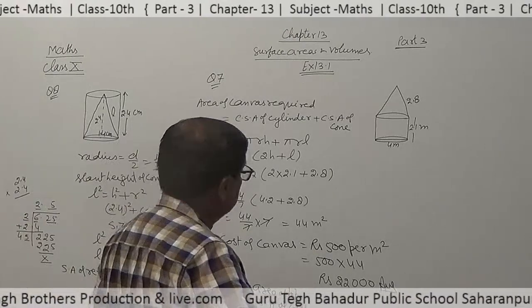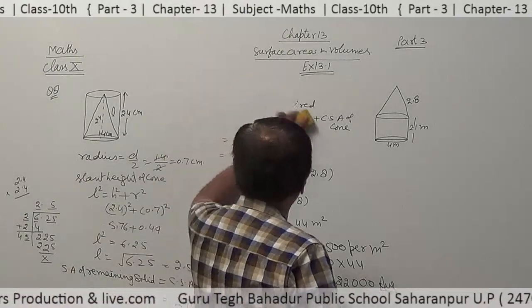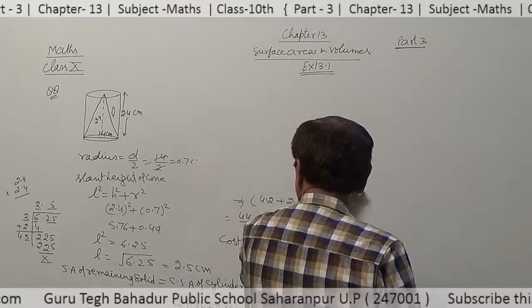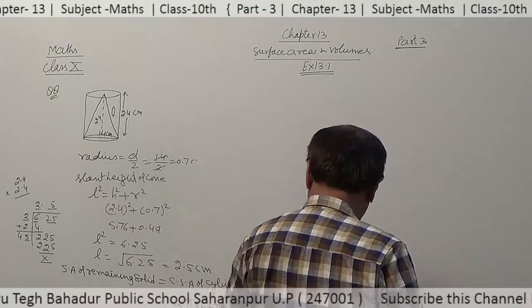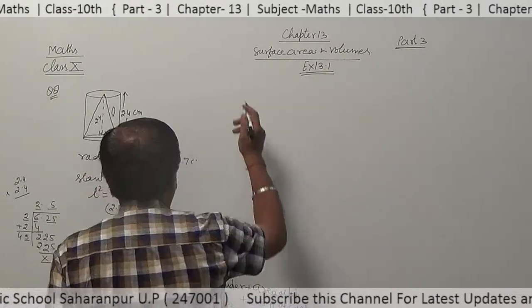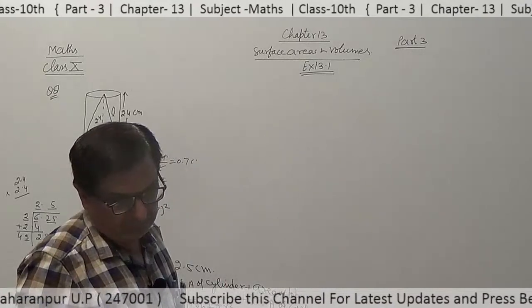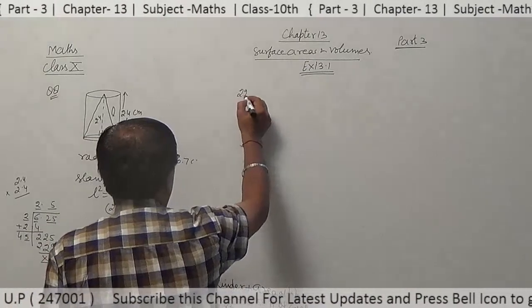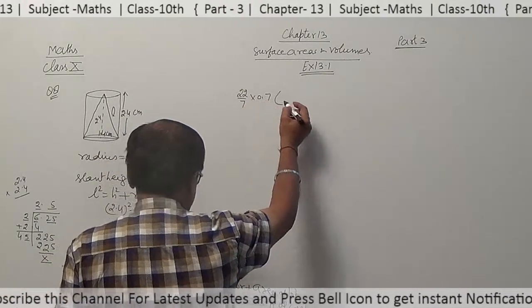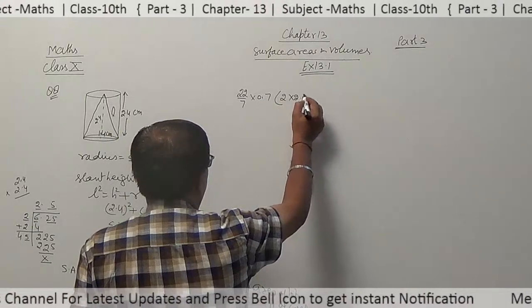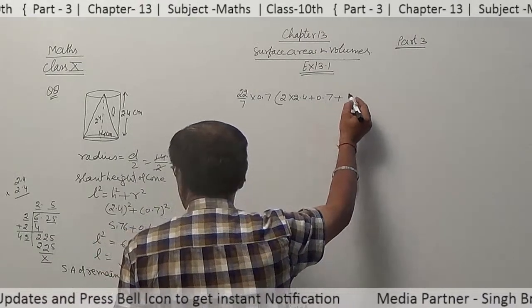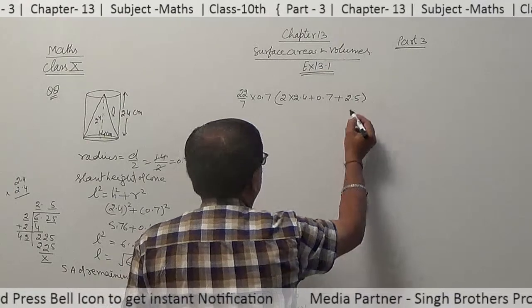Now putting the values, 22 upon 7, r is 0.7, 2 h is 2.4, 0.7 and slant height is 2.5.